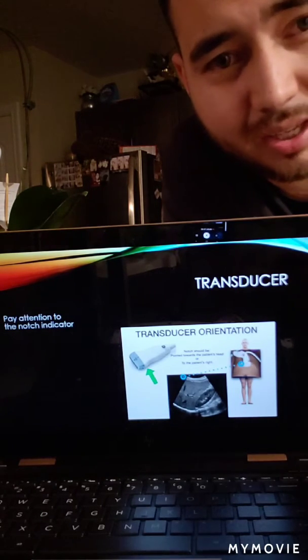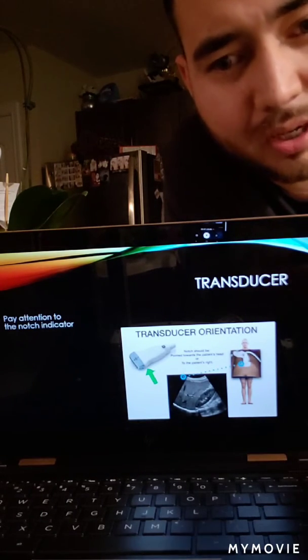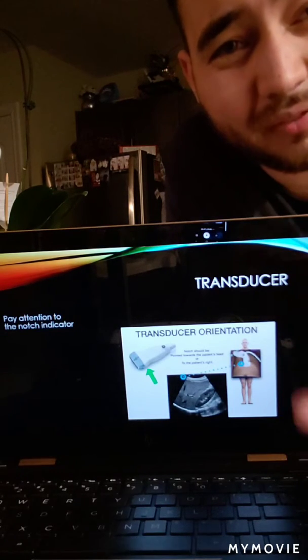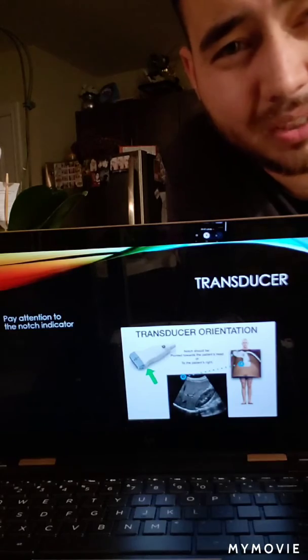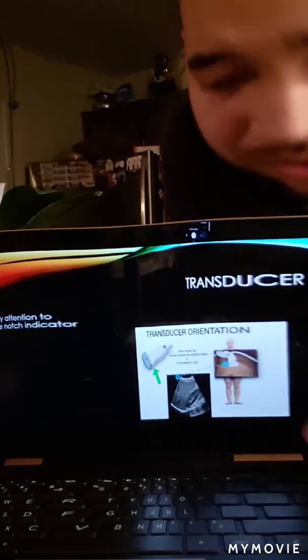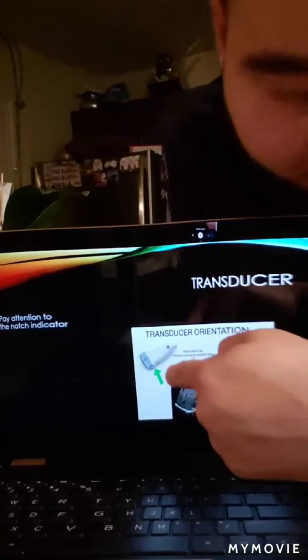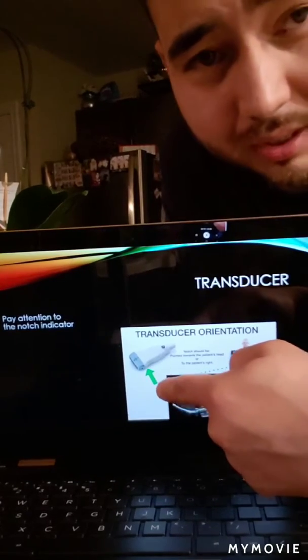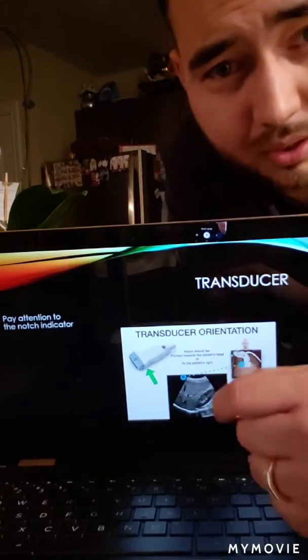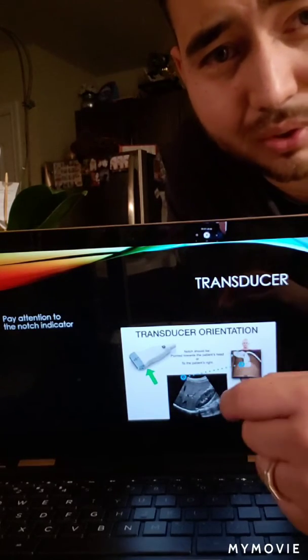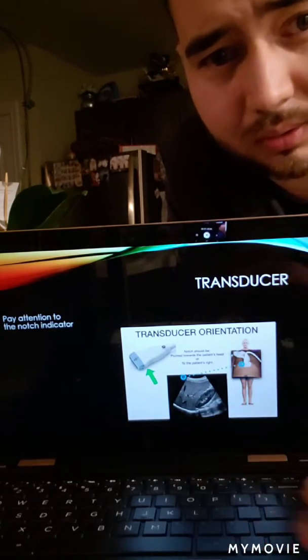If not, that's going to get things confused, where you might flip velocities, or you might be distinguishing something that it is not. So always remember the notch towards the patient's head when scanning in sagittal, and the notch towards the patient's right when you're covering transverse of that vessel.